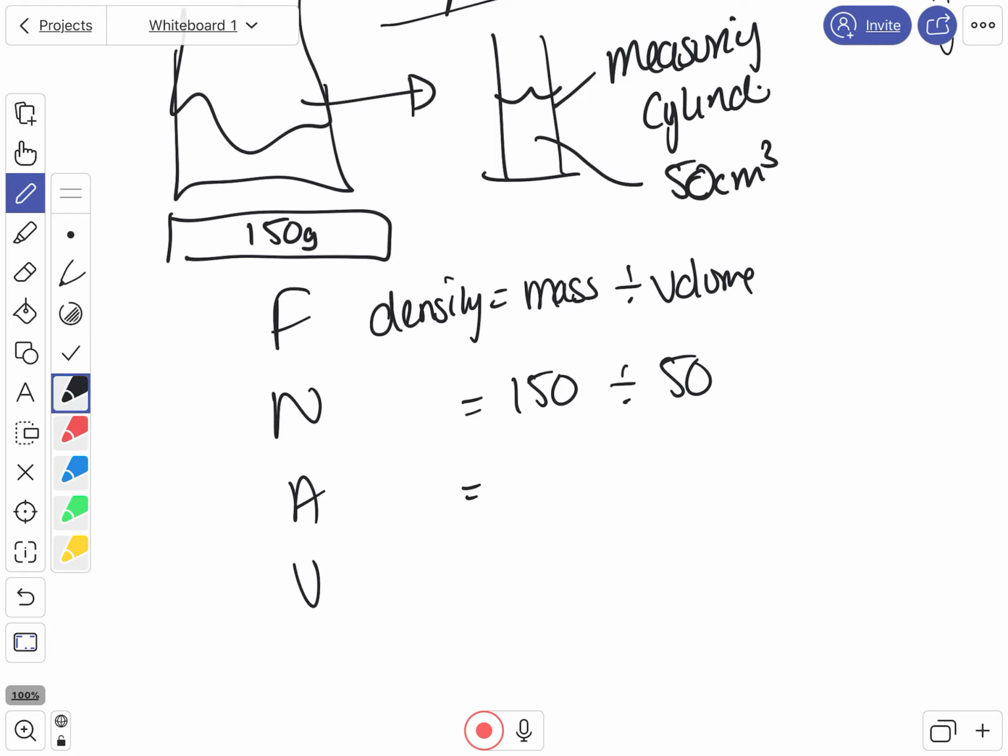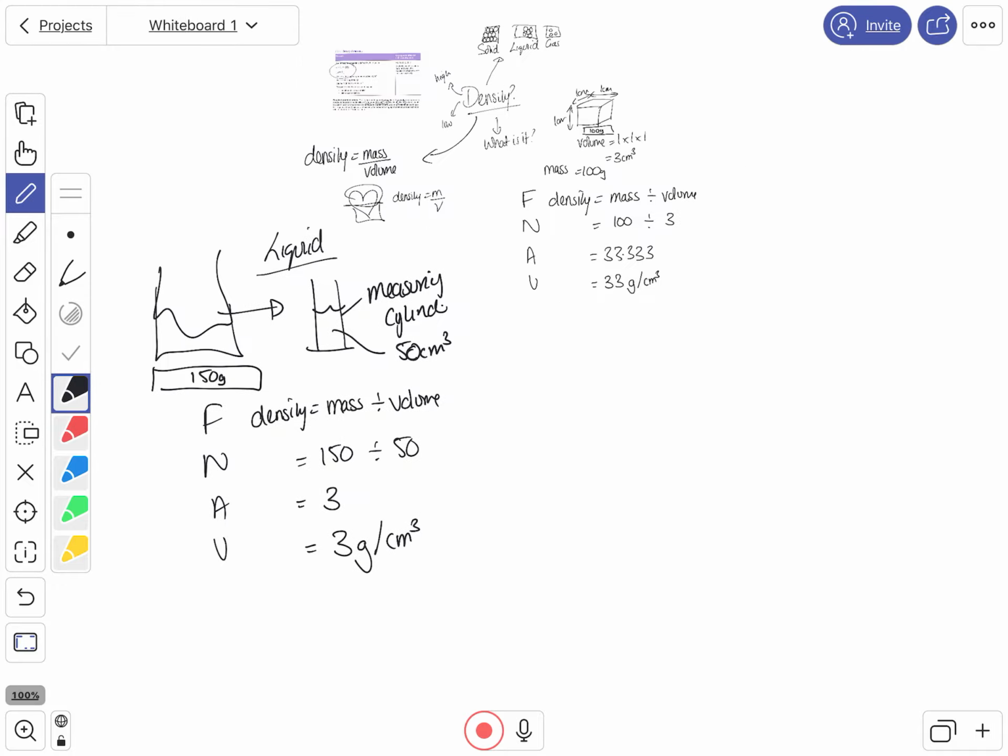Now work it out, so 150 divided by 50, use our calculator. You don't need to be able to do it in your head. It is 3. So, units: mass was in grams, the volume was in centimetres cubed. Now, your units for density might change depending on what your mass and your volume are. So that's what you need to know to be able to calculate the density.